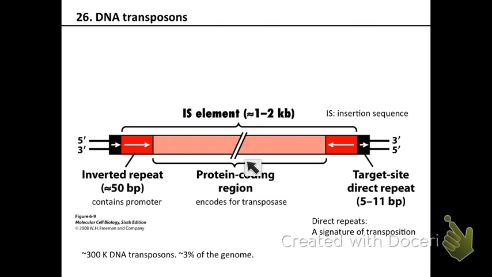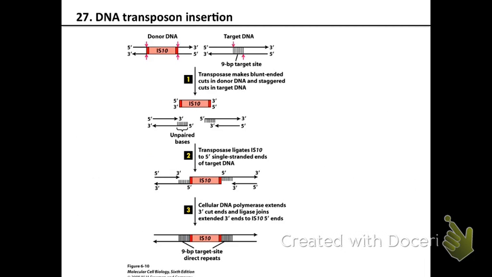In the genome, we have about 3,000 of these DNA transposons. That makes about 3% of our genome. So there's a lot of them. These direct repeats are a signature of transposition. And we're going to learn now how that occurs.